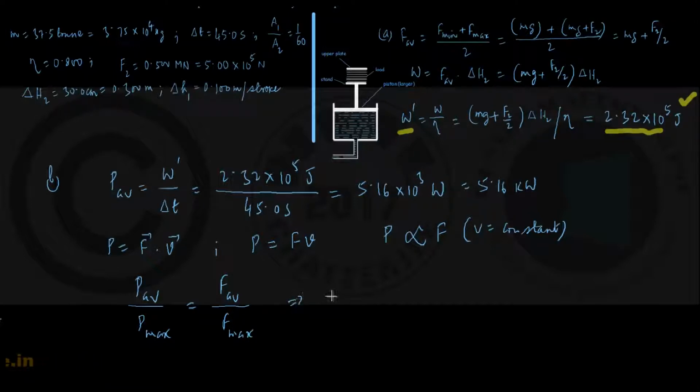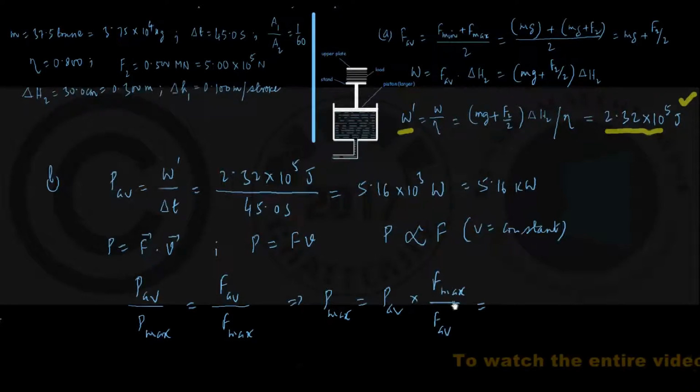From this we could write down the maximum power supplied by the engine equal to average power supplied multiplied by maximum force applied by average force applied. Well, look here, F max, that was explained to be mg plus F2, and average force that was found to be mg plus F2 by 2.